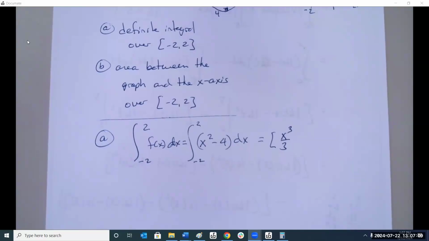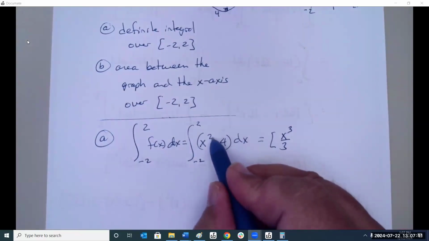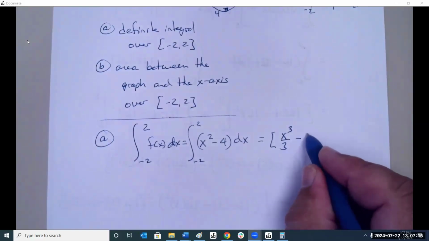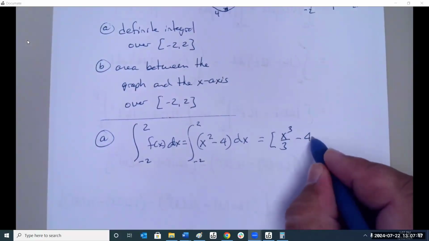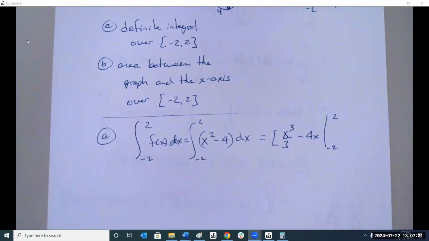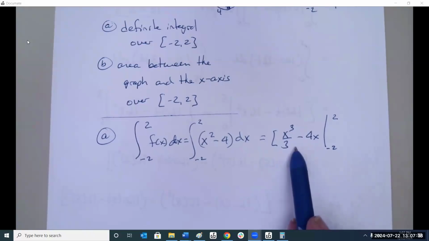X cubed over 3, because you add 1 and then divide by the same number. And then minus 4, since it's a constant, you put an x behind it. This is the antiderivative.